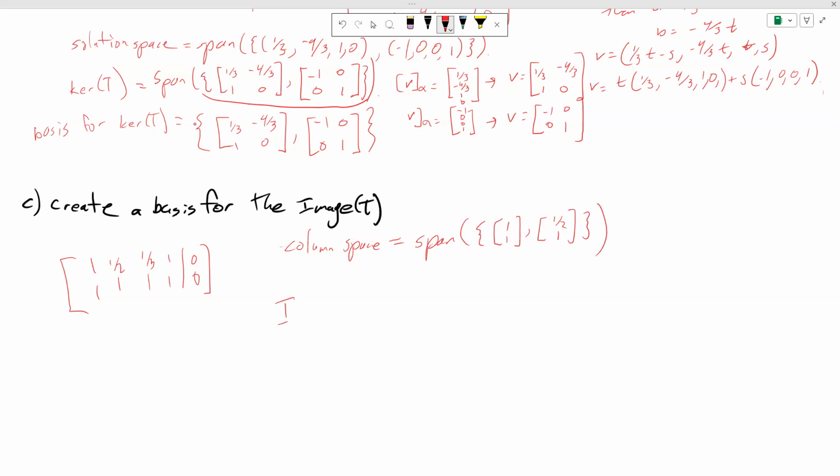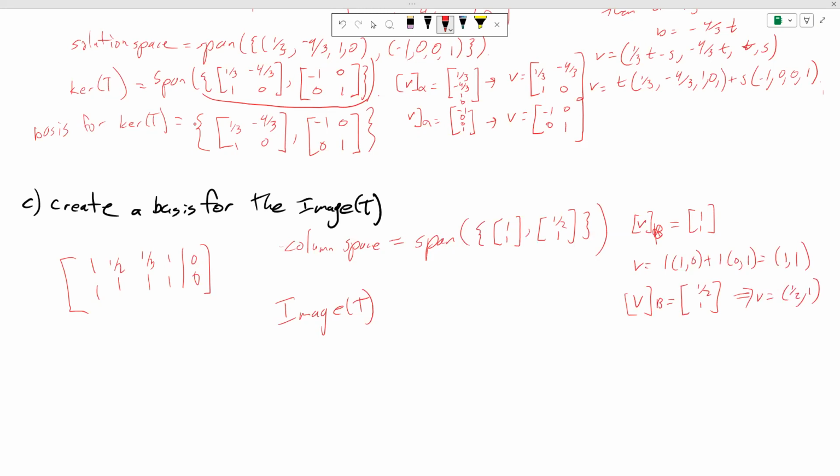Now to get the image of T, what we're going to do is take these vectors and represent them in beta. So if V beta is equal to (1, 1), then V equals 1 times (1, 0) plus 1 times (0, 1), which equals (1, 1). And if V beta equals (1/2, 1), then V equals (1/2, 1), using this same approach.